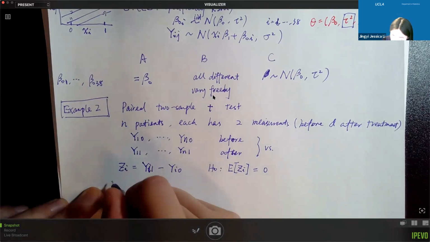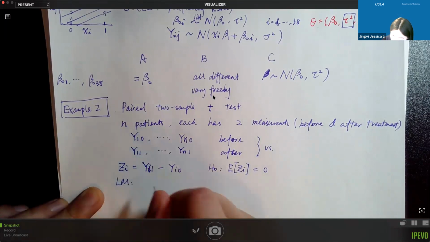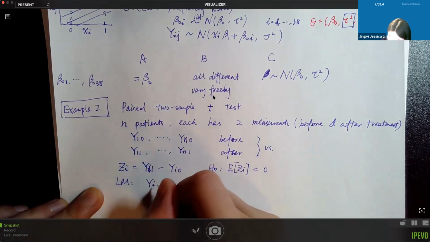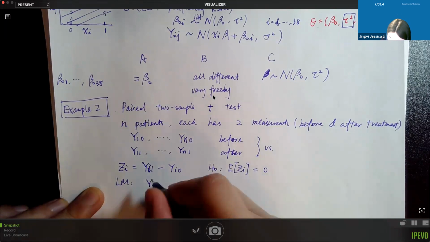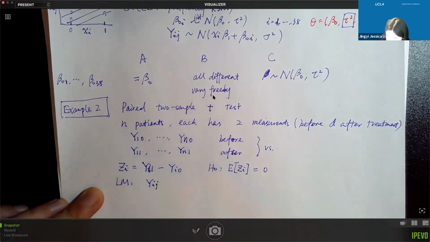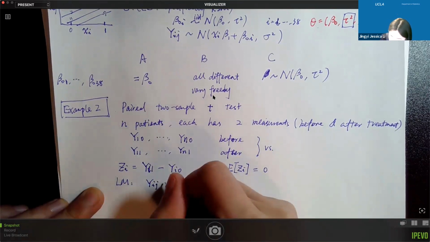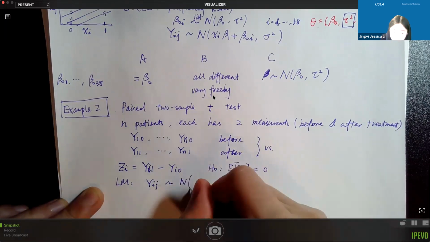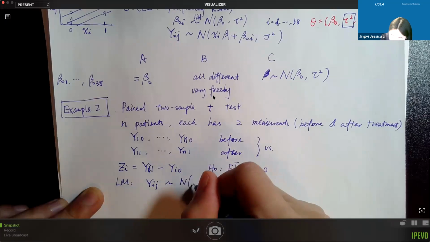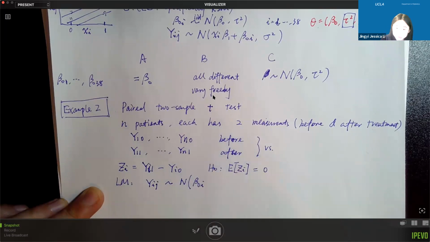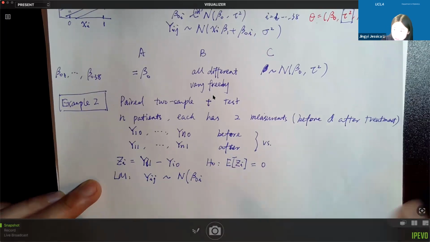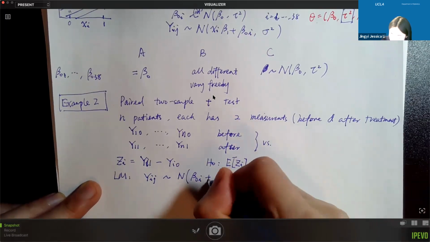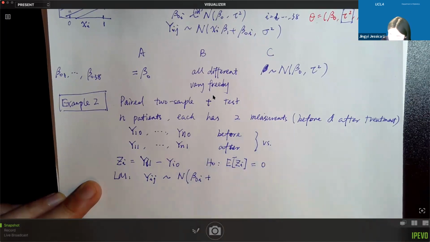So from a linear model perspective, we can think of yij following a normal distribution with an intercept beta 0i. So each individual has a baseline weight plus the effectiveness of treatment.